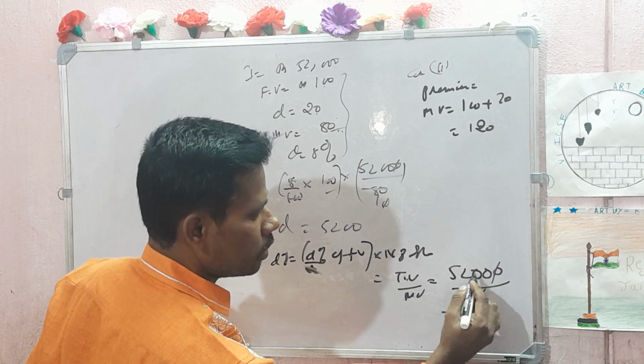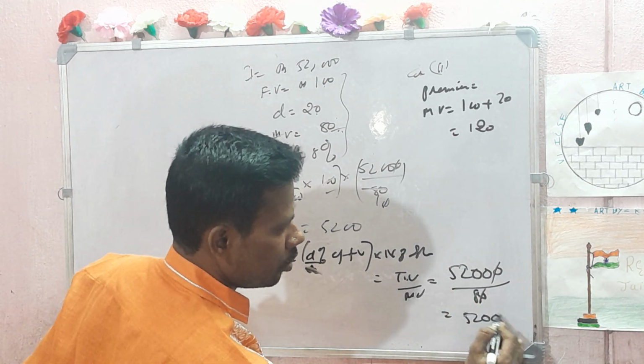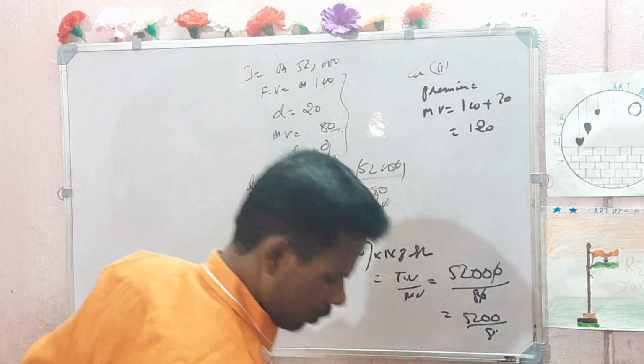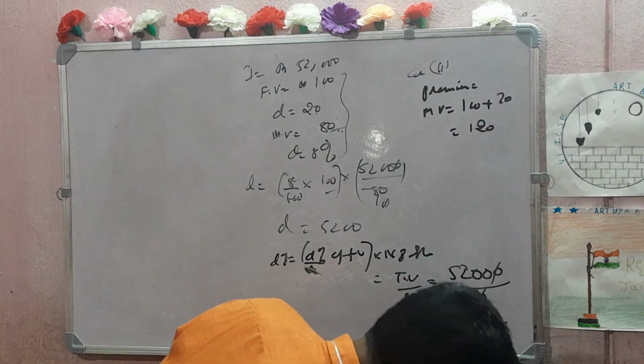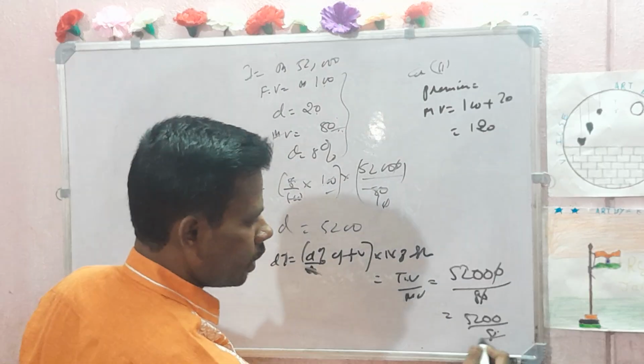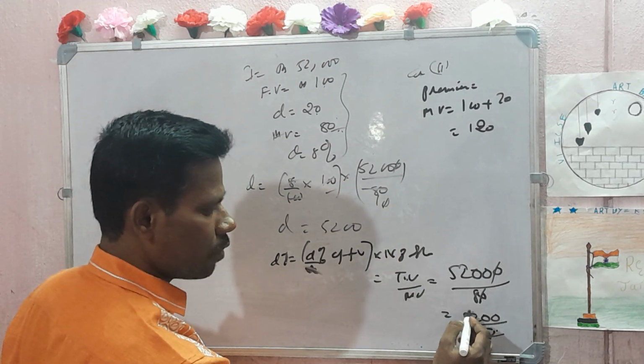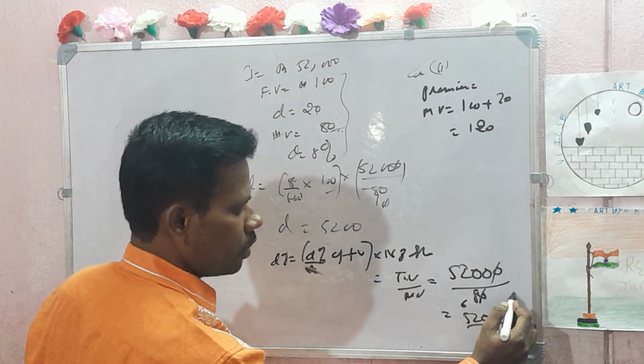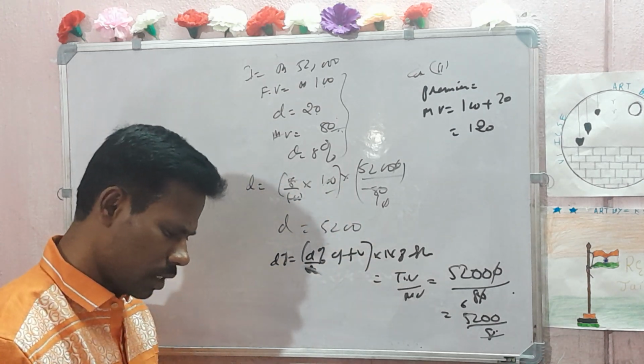So 80 cancels, 5200 by 8. Cancel this one, 8 ones are 8, 8 sixes are 48, and you do the calculation by yourself.